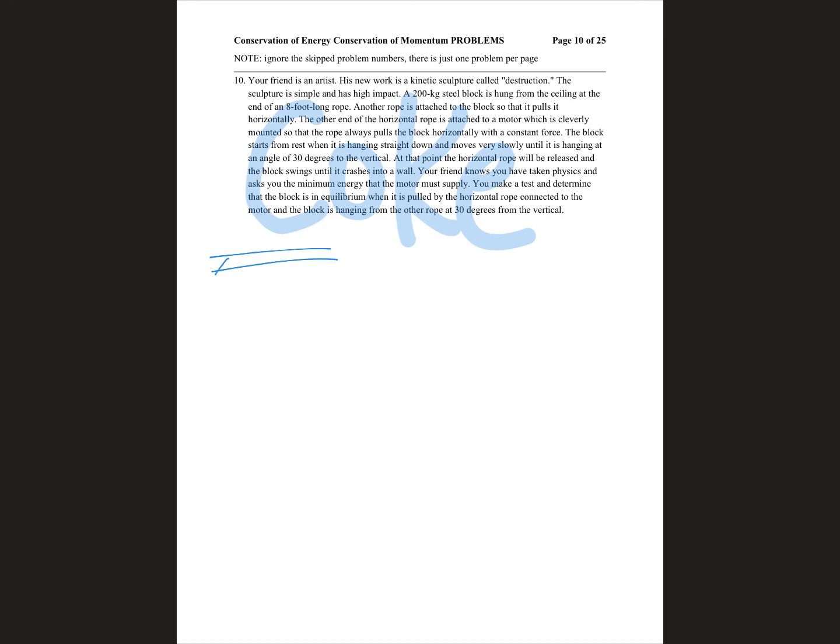So this blob, some mass on some string of length L, is going to get lifted by this thing. And there's going to be some angle that it gets lifted, and that means that it had a change in height.